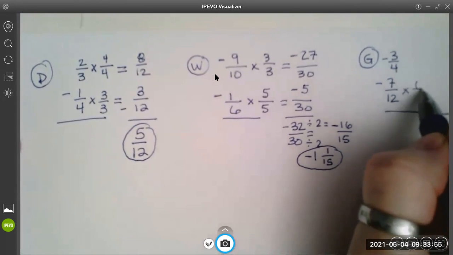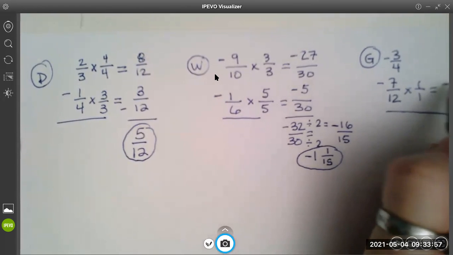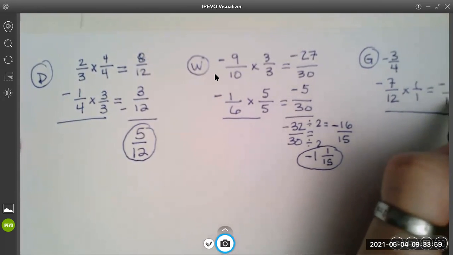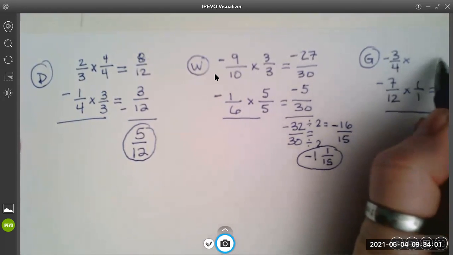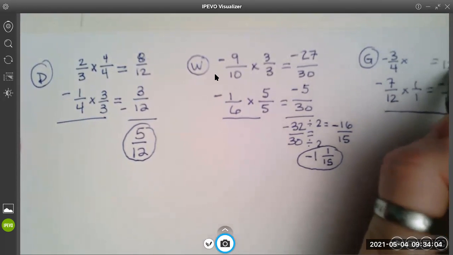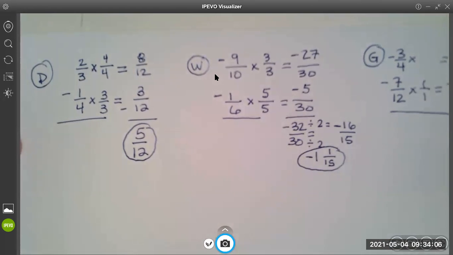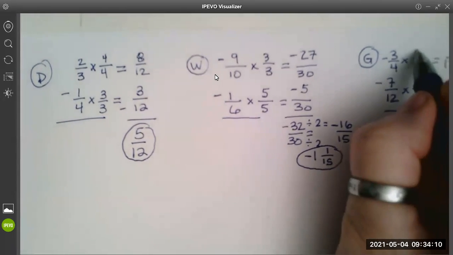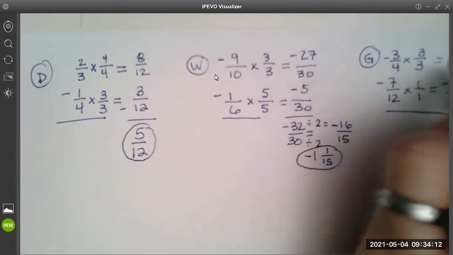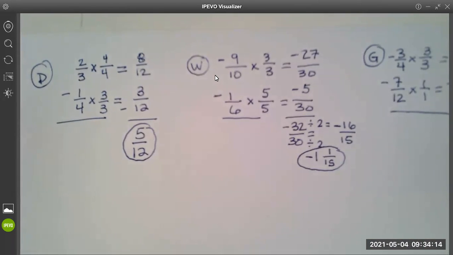I'm not changing this bottom one. I only have to worry about fixing the top one to be 12. So what am I going to do to make it into 12? Multiply top and bottom times 3. So what's my new top fraction?